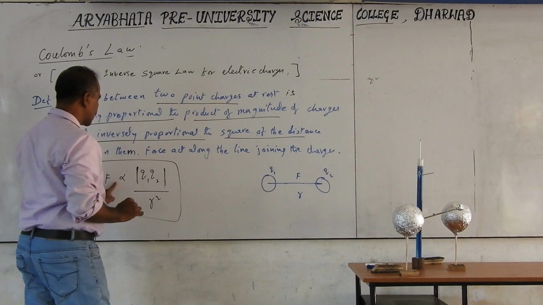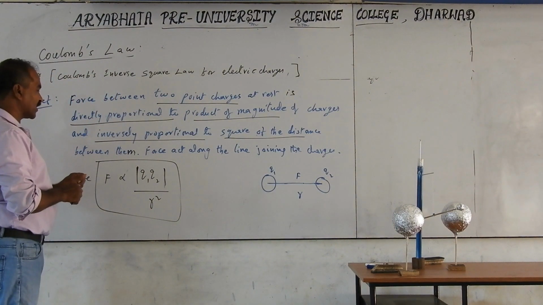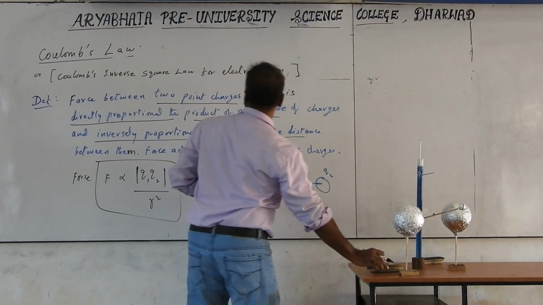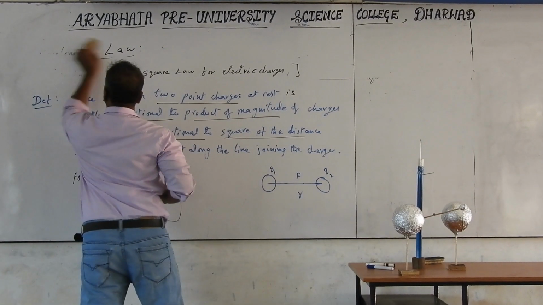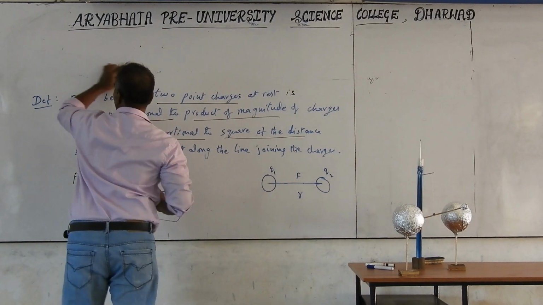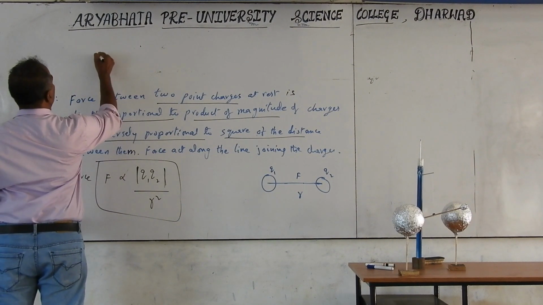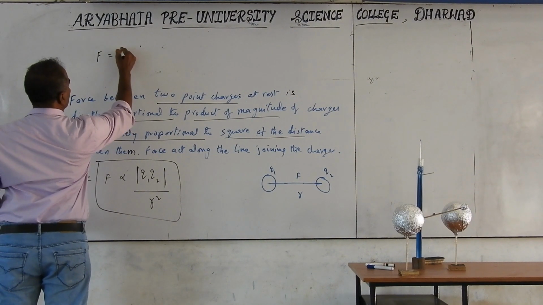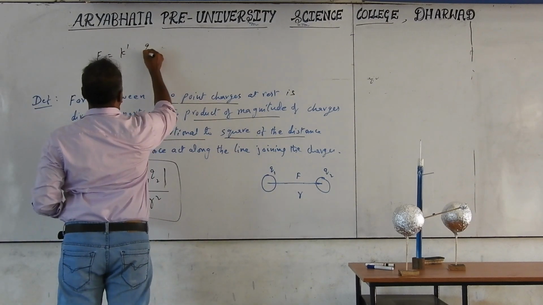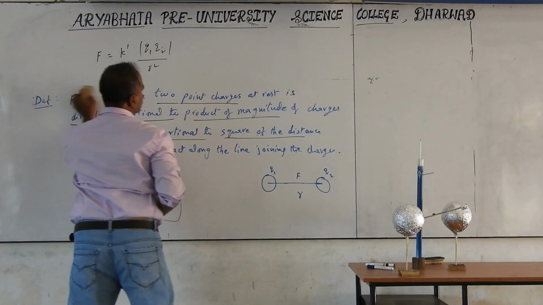If you remove the proportionality, you will get some constant in mathematics. Therefore, we write this proportionality constant as K prime. This equation can be written as F equals some proportionality constant K prime into modulus of Q1 Q2 and inversely proportional to R square.